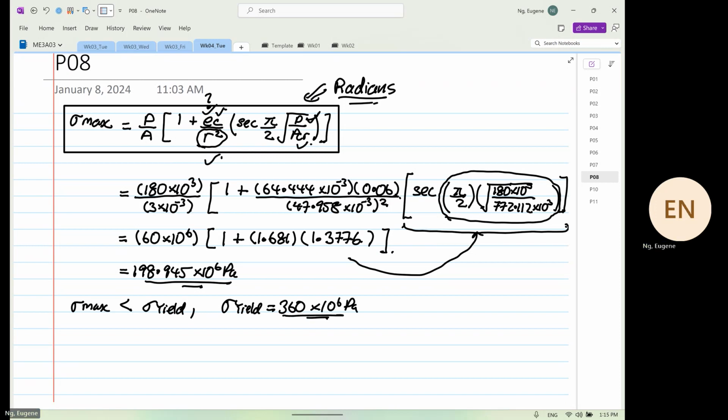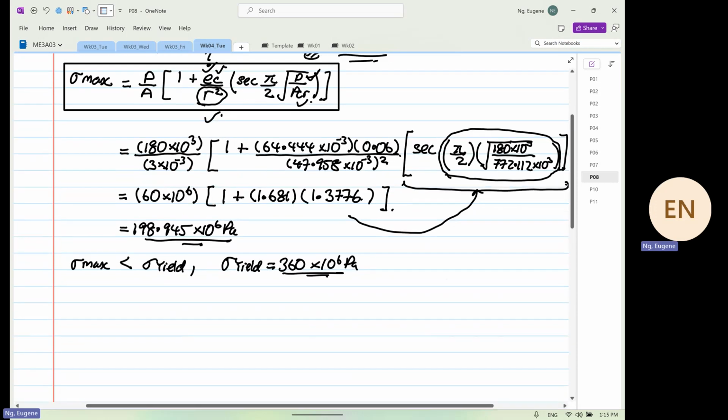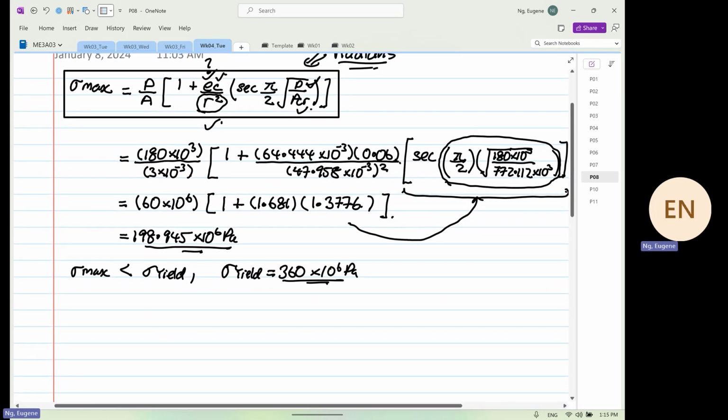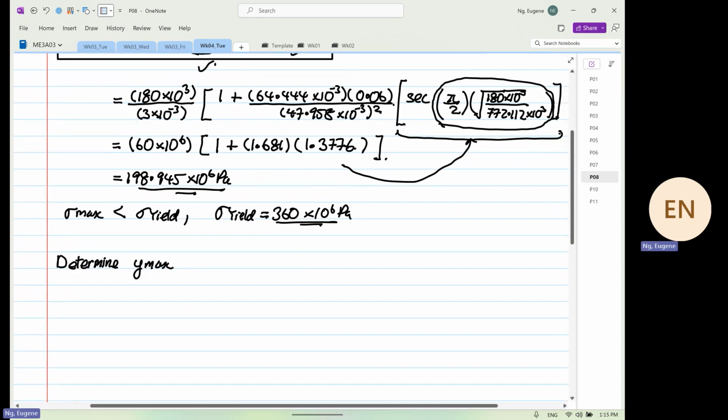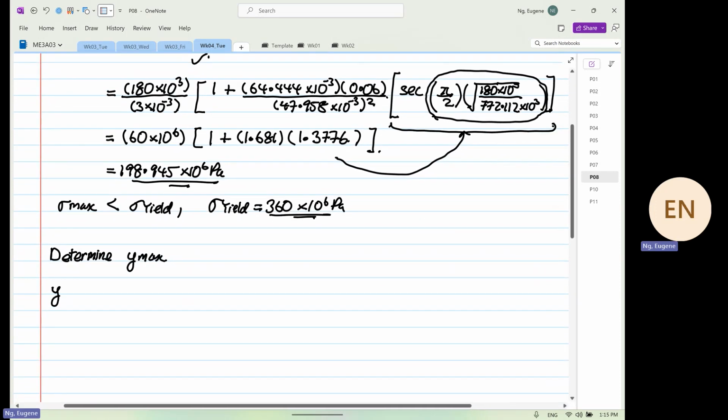Okay. And the last part of the question, since all of you know how to calculate the secant now, I'm happy. We have to now determine our Y max. The formula for Y max will be provided.